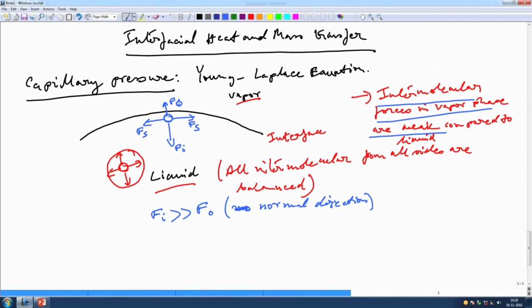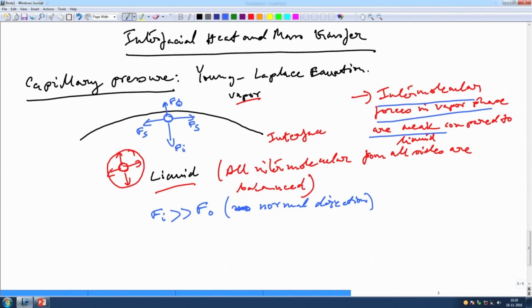So, this pull, this Fi, this excess force rather, tries to pull the molecule at the liquid vapor interface towards the liquid phase. If the molecule is here, the liquid tries to pull it inside, because of the dominance of this particular force.